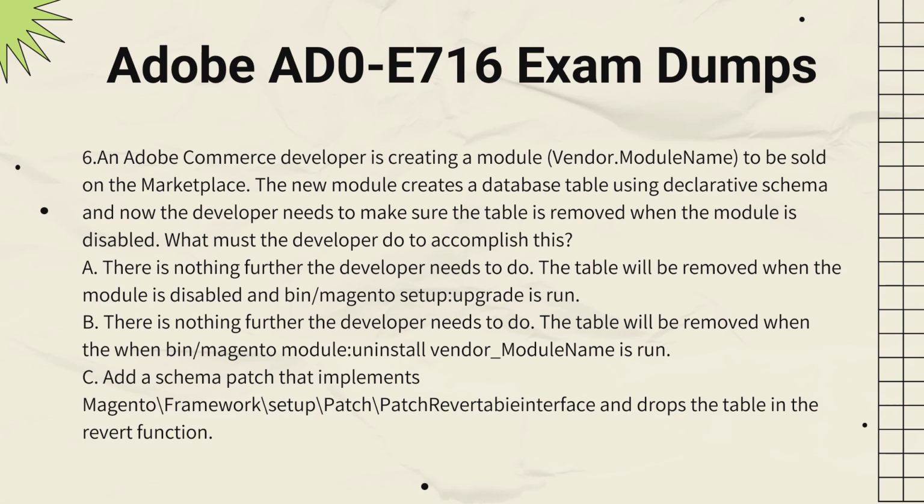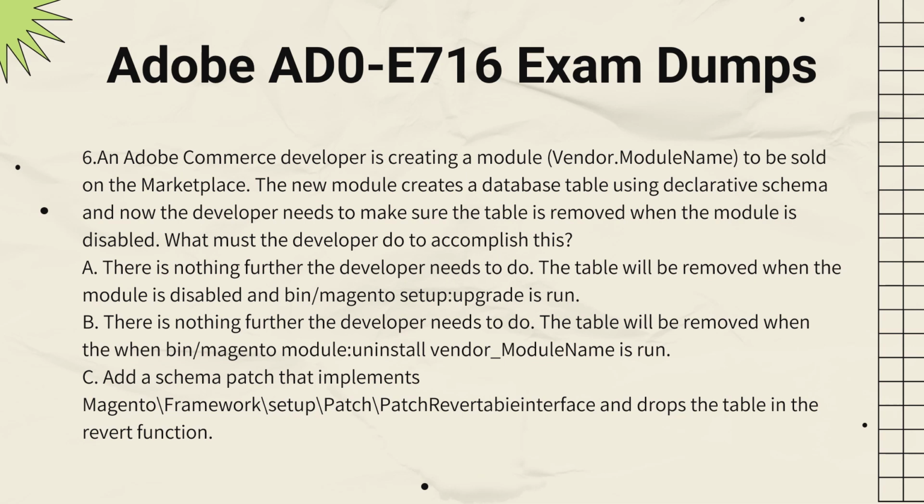6. An Adobe Commerce developer is creating a module, Vendor_ModuleName, to be sold on the marketplace. The new module creates a database table using declarative schema, and now the developer needs to make sure the table is removed when the module is disabled. What must the developer do to accomplish this? A. There is nothing further the developer needs to do.